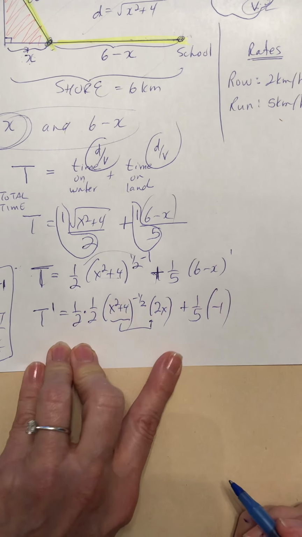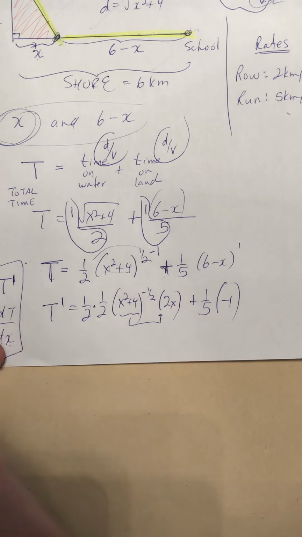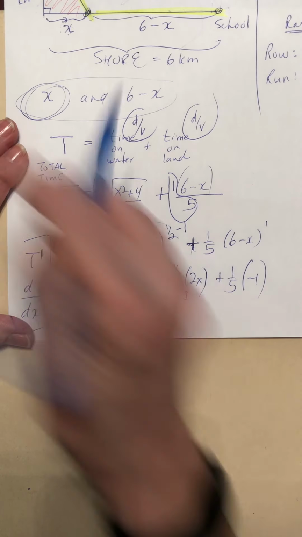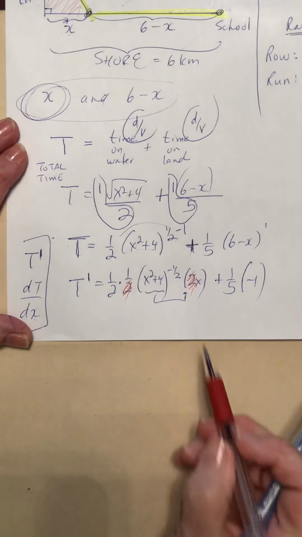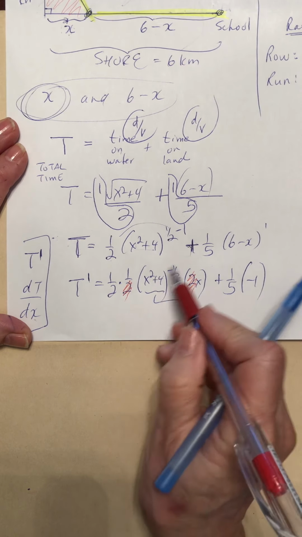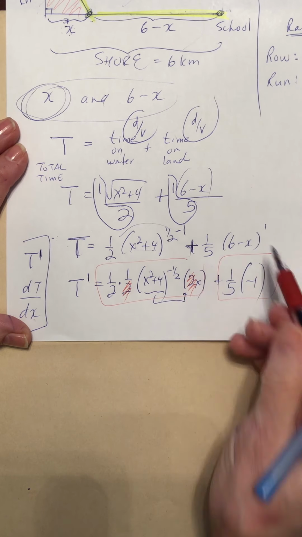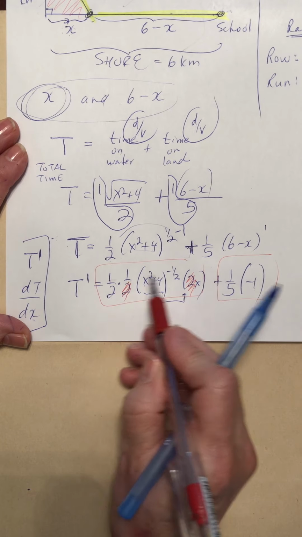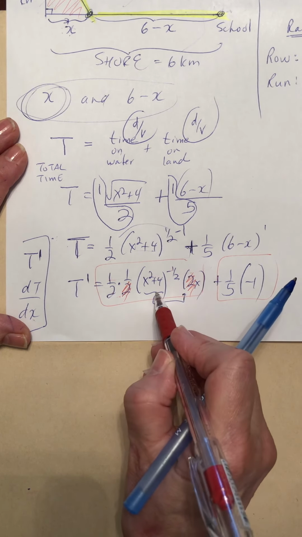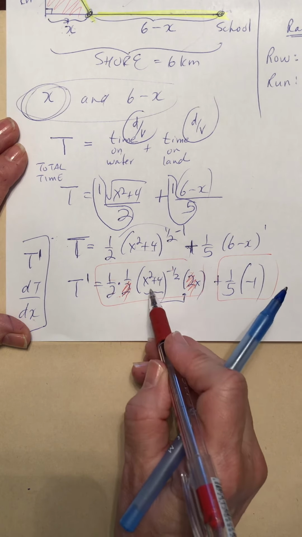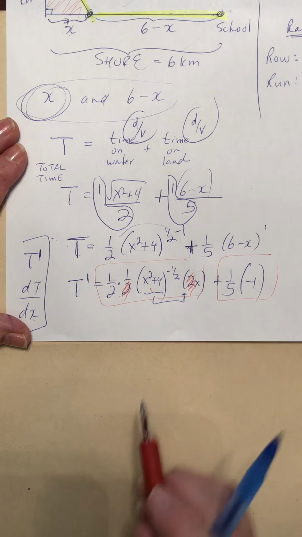Negative 1. So I can fix this up definitely a little bit. One of these 2's here will cancel one of these 2's. So I'm going to have an x. So these are 2 separate entities. I'm going to have an x on the top here, a 2 in the denominator. This would go down below underneath a radical sign again. This would become negative.